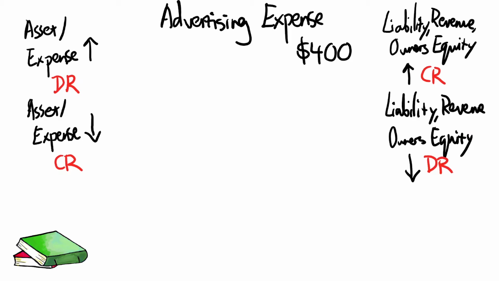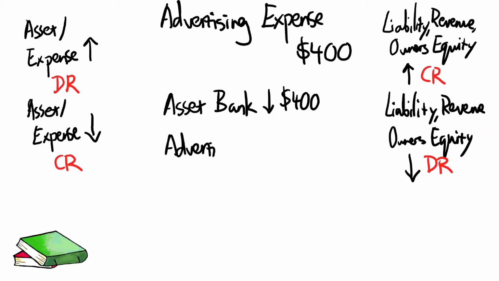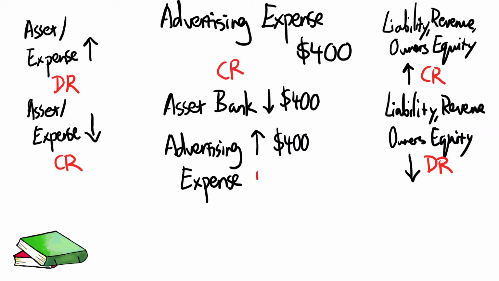With this advertising expense, our asset of bank would go down by $400 and our advertising expense would go up by $400. If you follow the double entry rules for that, you'll notice that we should be crediting our bank and debiting our expense.